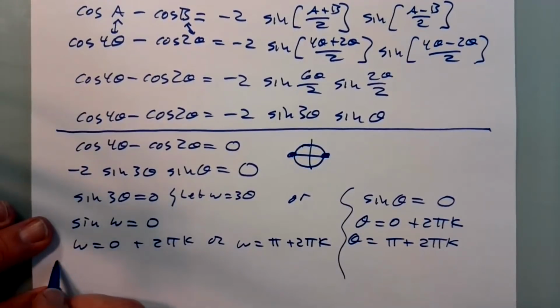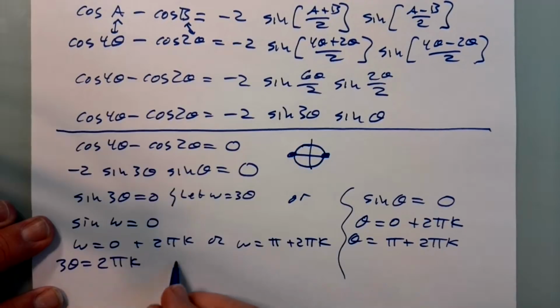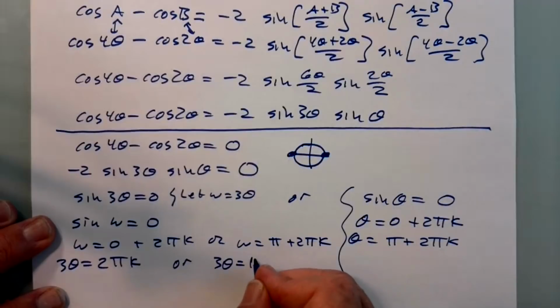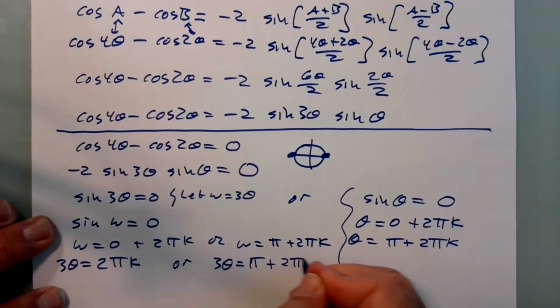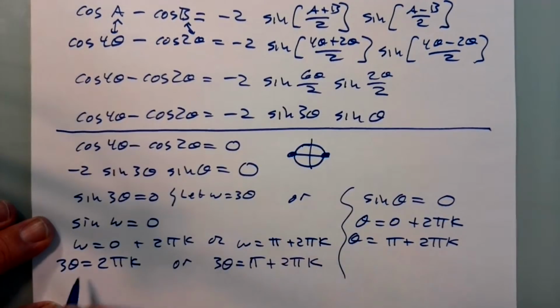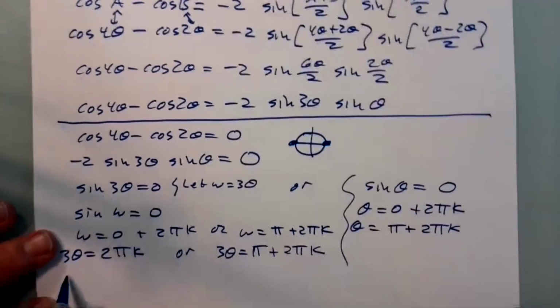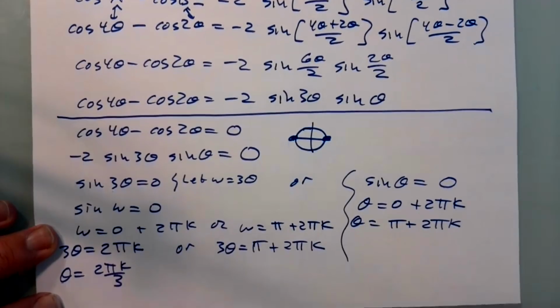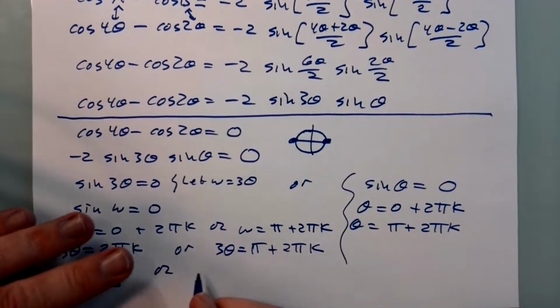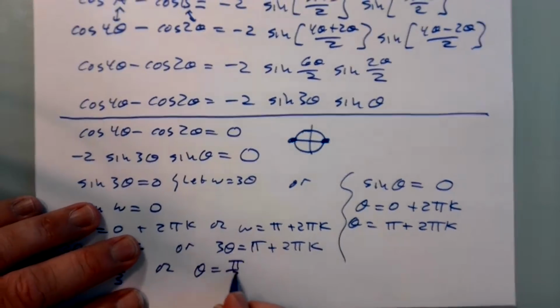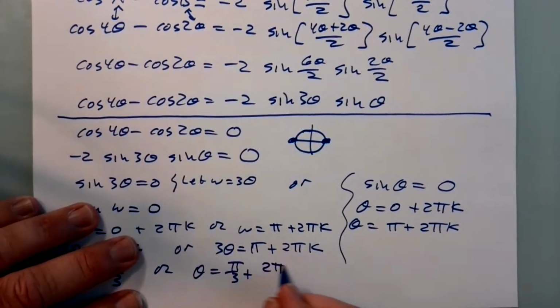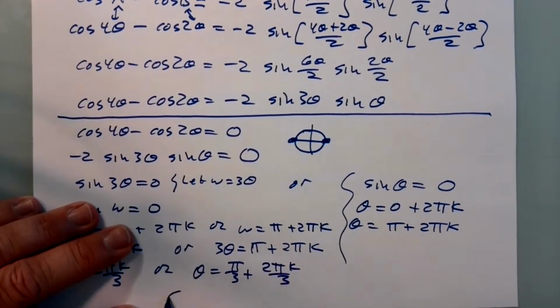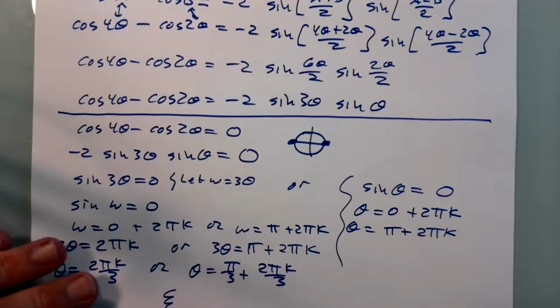So we'll say 3 theta, 0 plus 2 pi k is just 2 pi k, or 3 theta is pi plus 2 pi k. Multiply both sides by a third. What do I get? I get theta is 2 pi k over 3, or over on this side, theta is pi over 3 plus 2 pi k over 3. So what are all my answers? I have 4 of them.